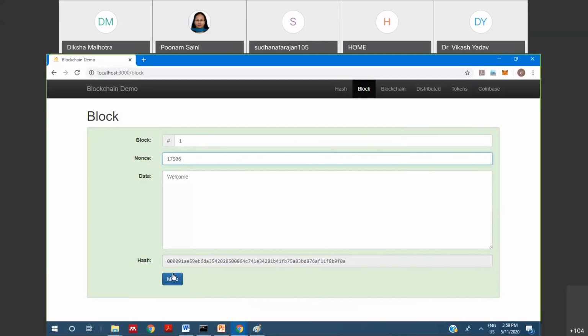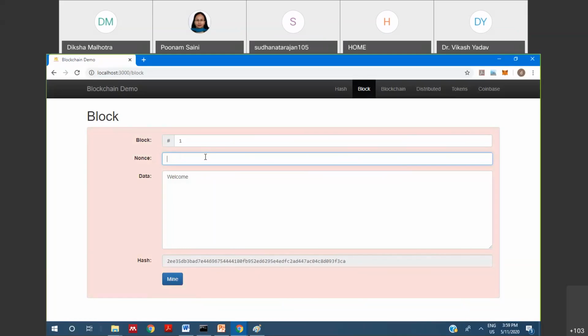In this current system, the mining difficulty is defined as four zeros prefixed to the hash. So in order to achieve the mining difficulty, the system needs to get four zeros prefixed to the hash. So how is this done?